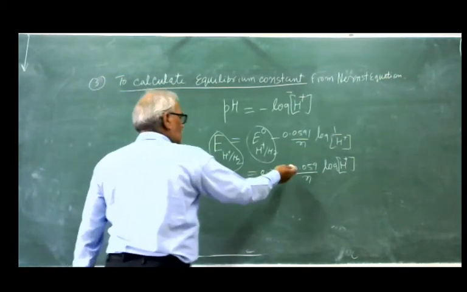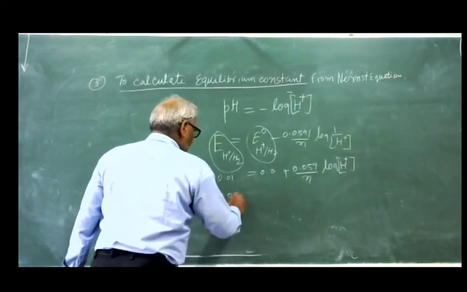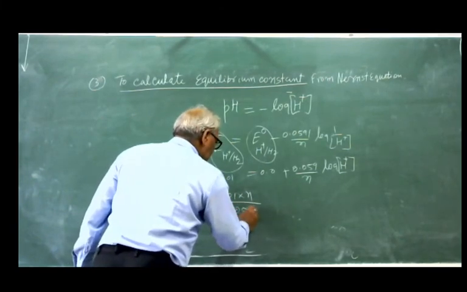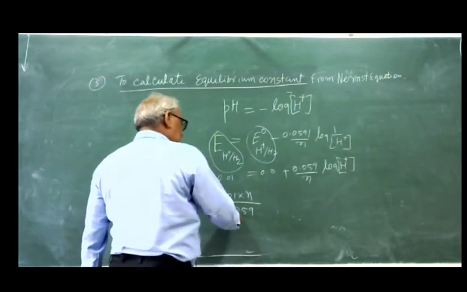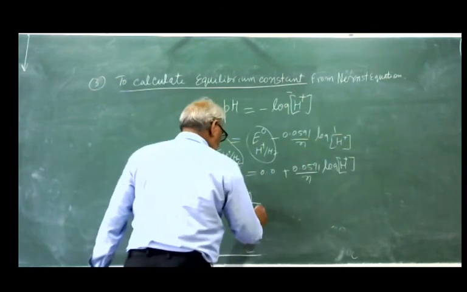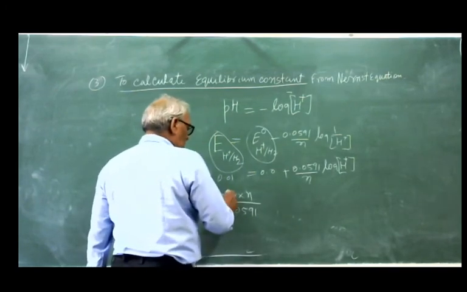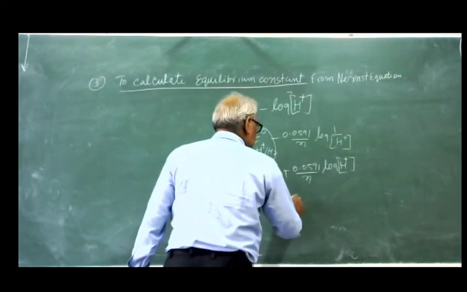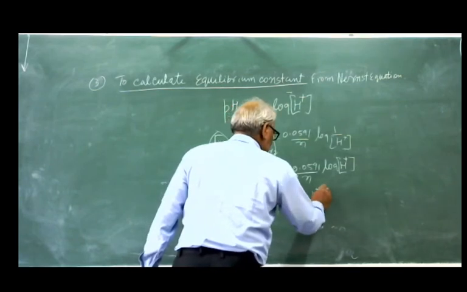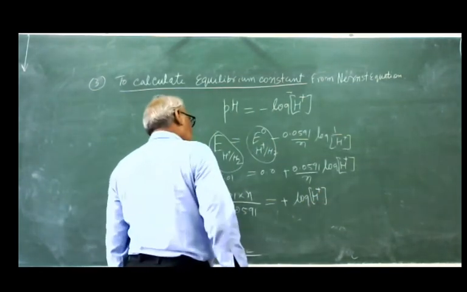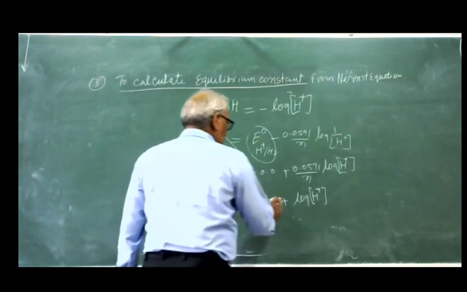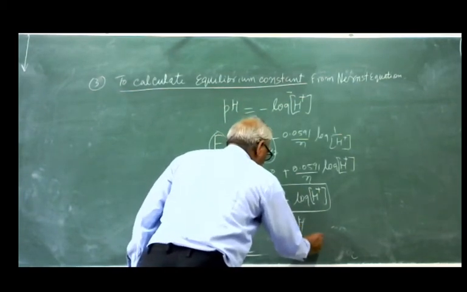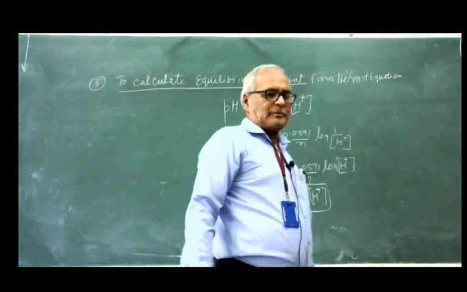Or you can say 0.01 multiplied by n divided by 0.0591, and this value, with the negative sign, is said to be the pH. So in this way you can calculate the pH of any solution.